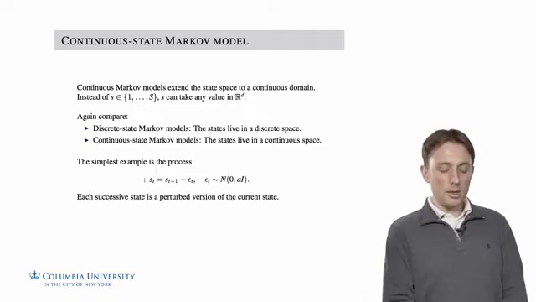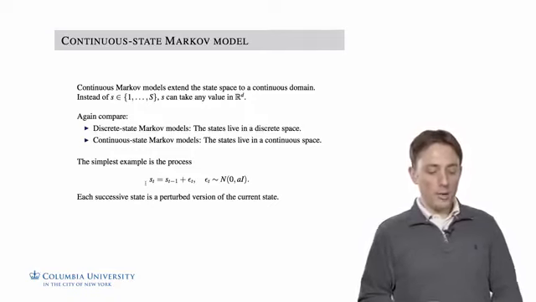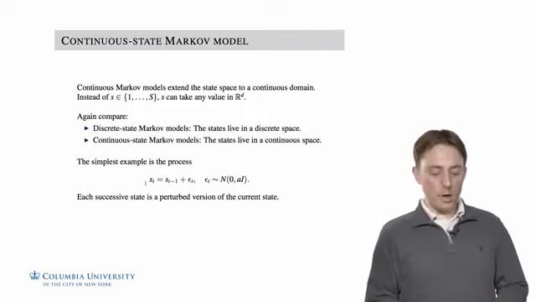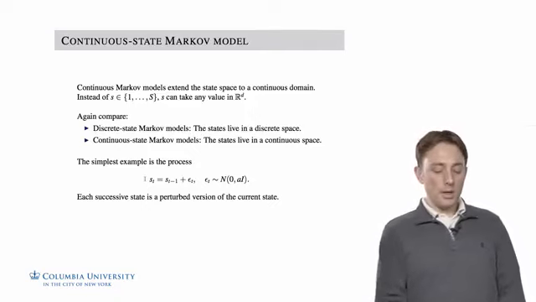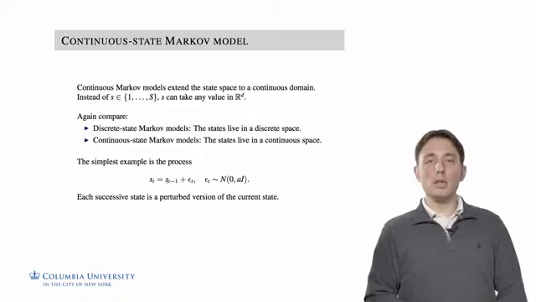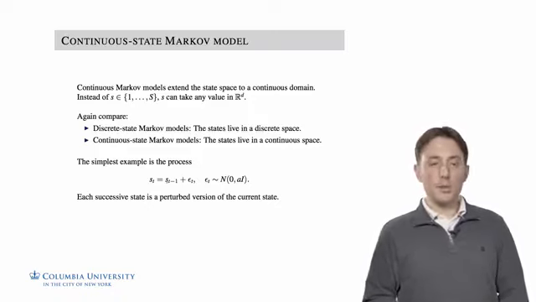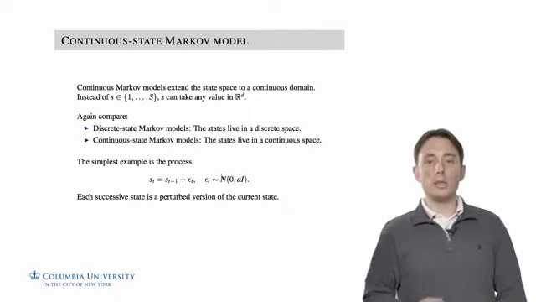This continuous state random walk model is a continuous state Markov model because the latent state at time t is only dependent on the value of the latent state at time t minus 1. But it's continuous because the noise added to it is a continuous valued random variable.